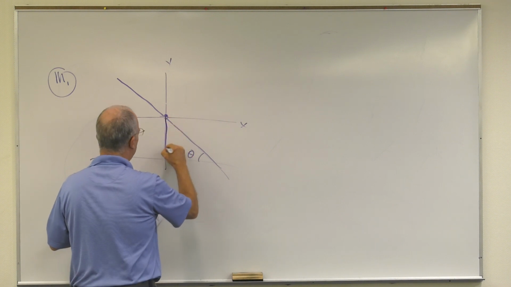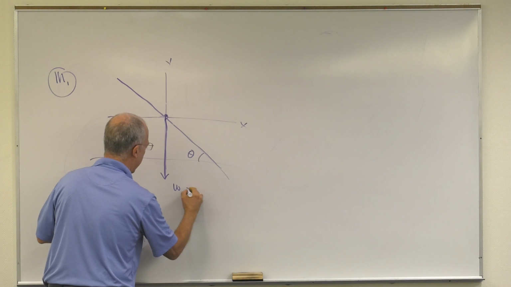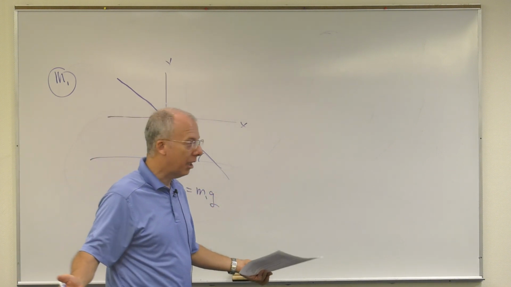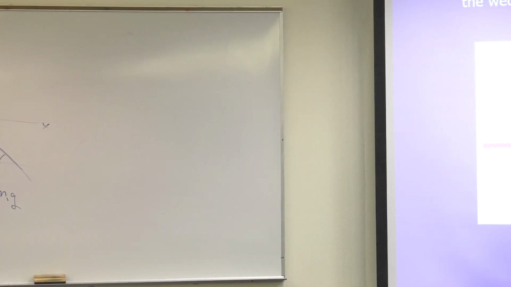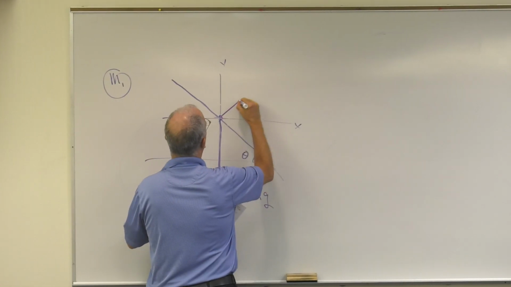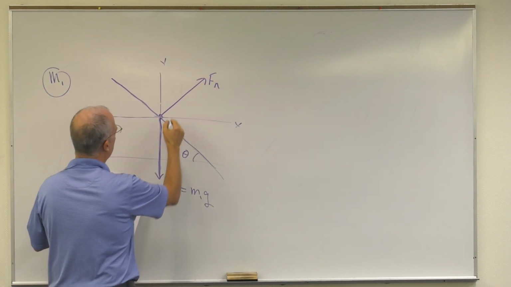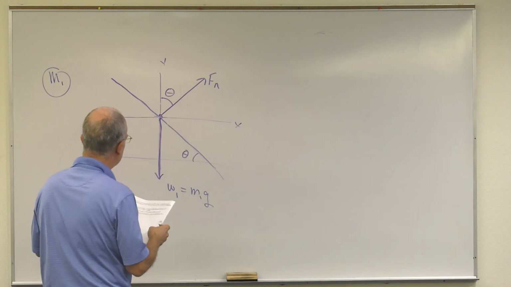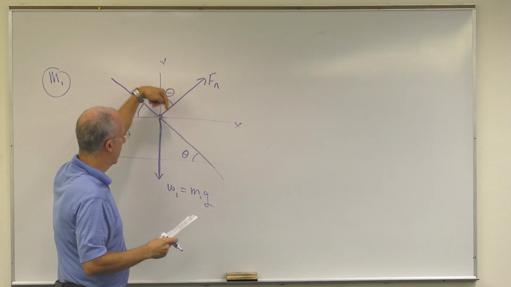We have weight. We always have weight. I'll say weight 1, which equals m1g. Now, no friction. What else is there? Well, these are touching, so there's the normal force, and the normal force is perpendicular. So there's the normal force. That's it. Just the normal force and the weight.